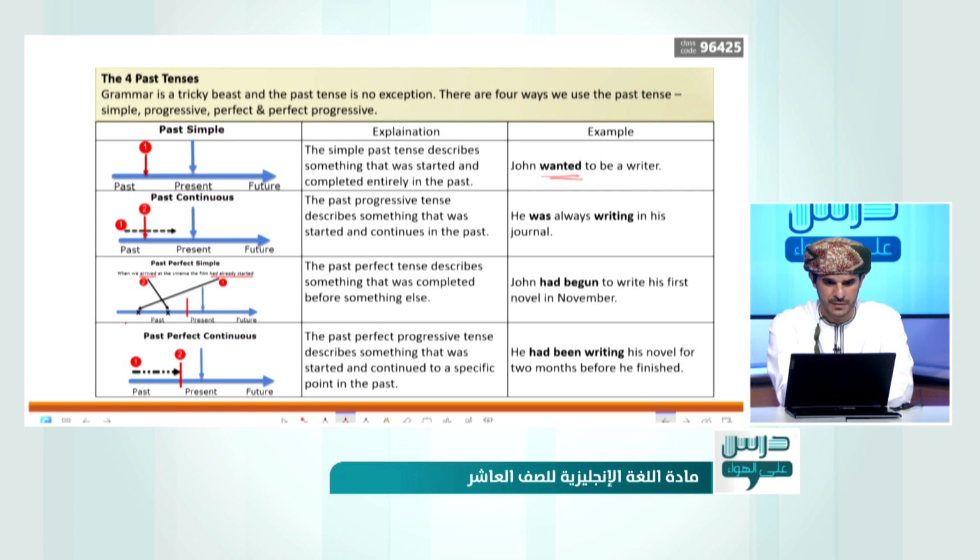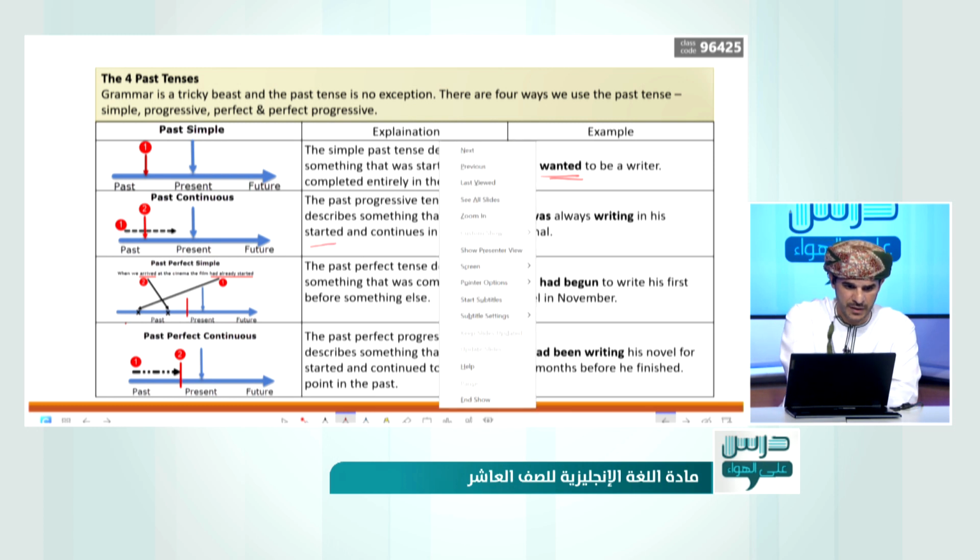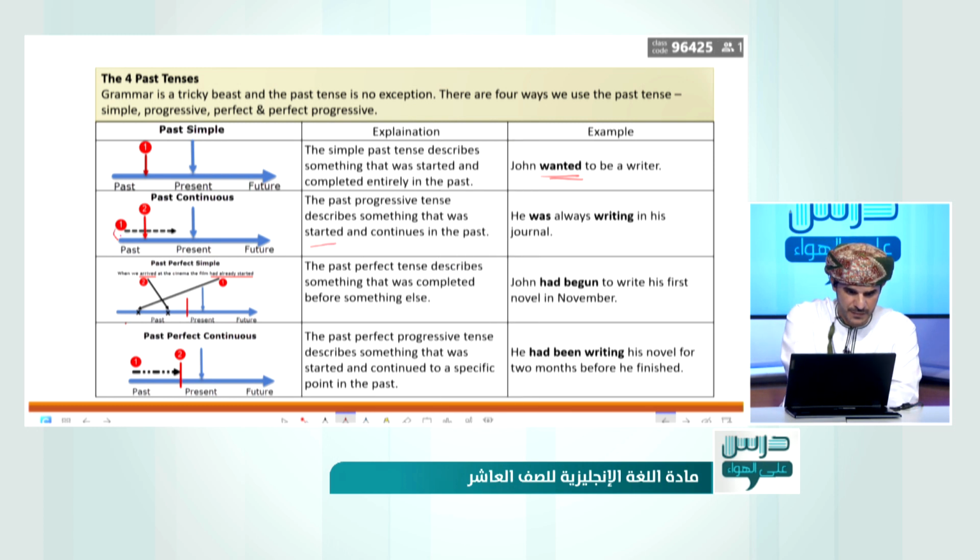About past continuous, the past continuous or progressive tense describes something that was started and continued for some time in the past, not until the present. Like he was always writing in his journal at that time.